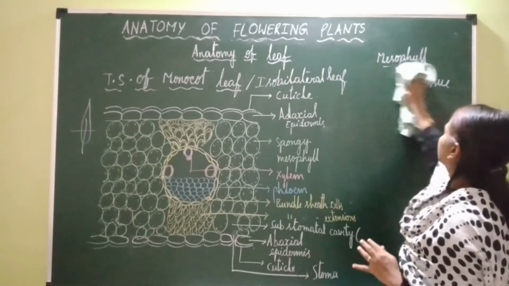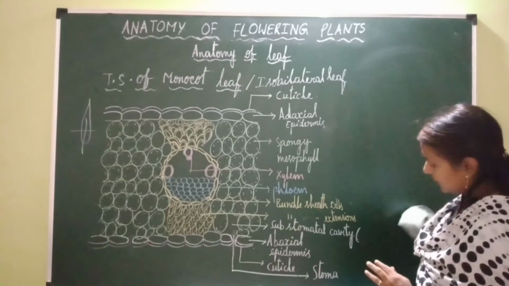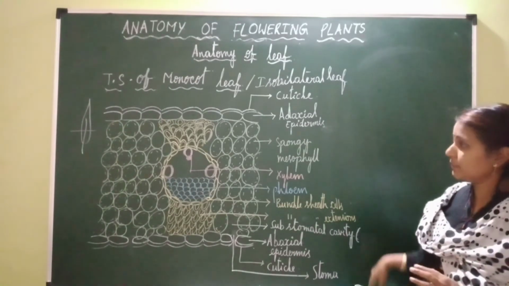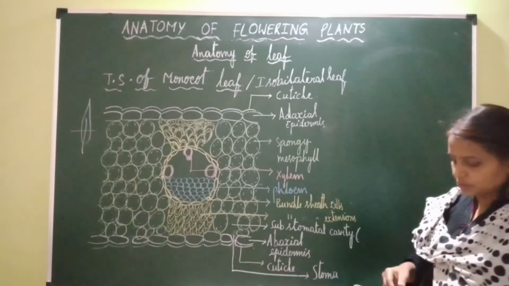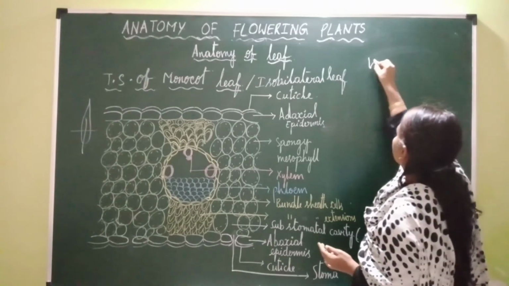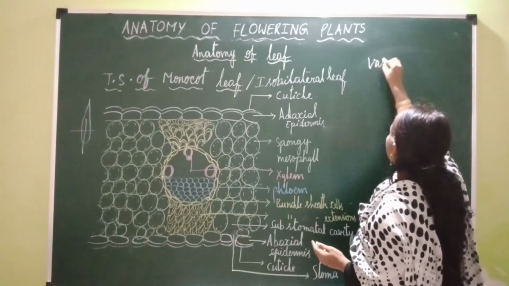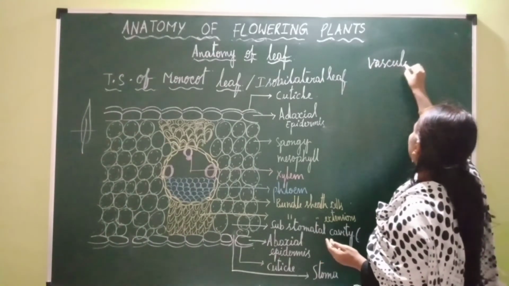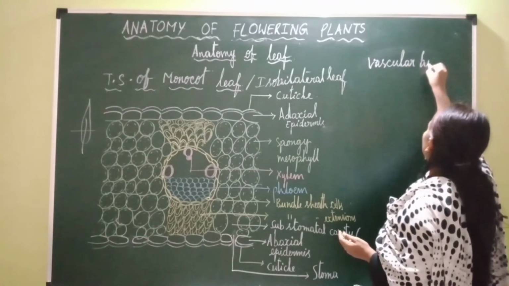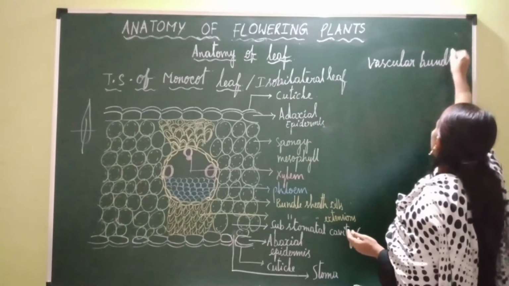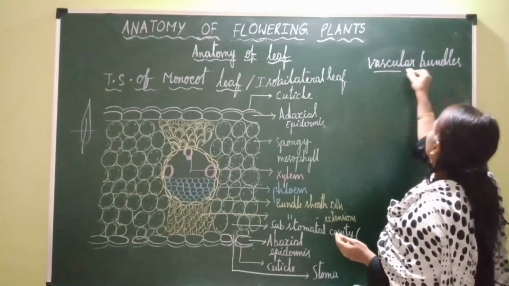So in the transverse section of a monocot leaf, we can see three types of tissues: epidermis, mesophyll and vascular tissues, that is vascular system or vascular bundles. Right.